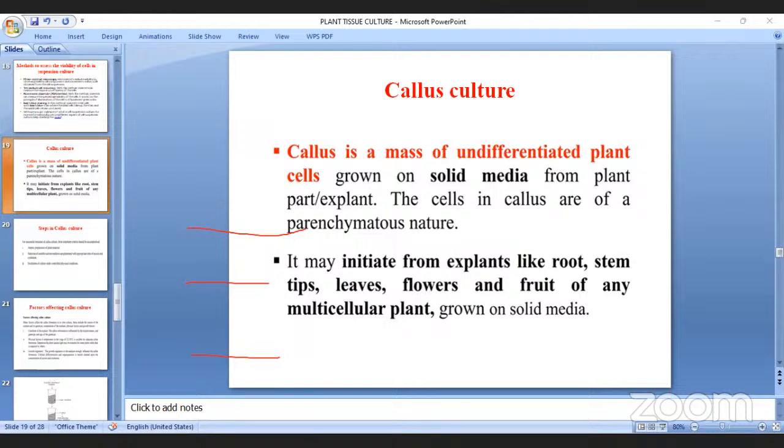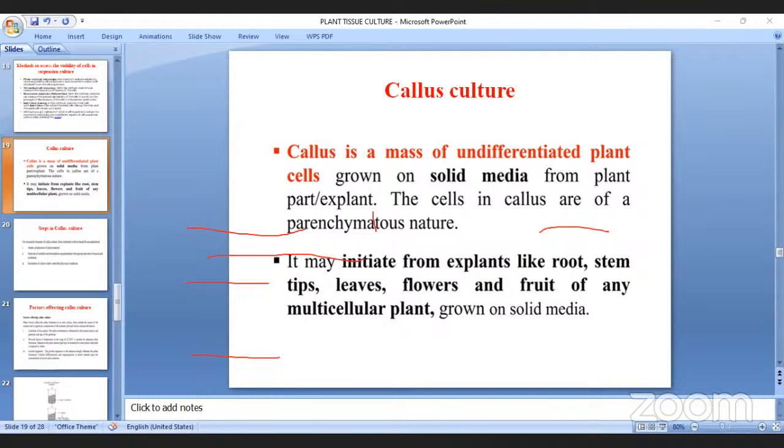So first, condition of explant. The callus formation is influenced by the explant nature and the genotype or age of the explant. Maybe some explants may be young, some are old.